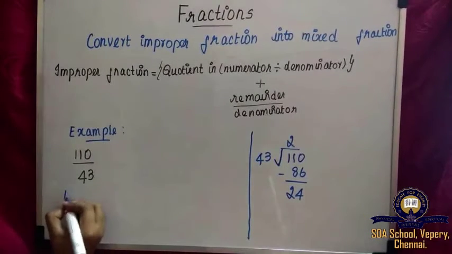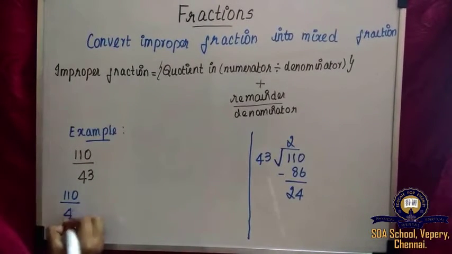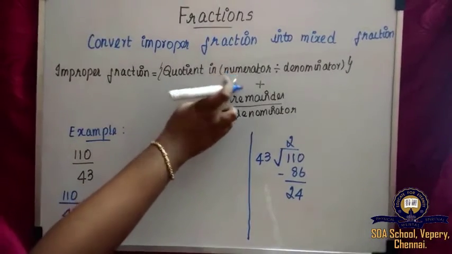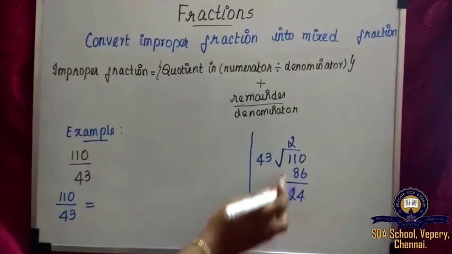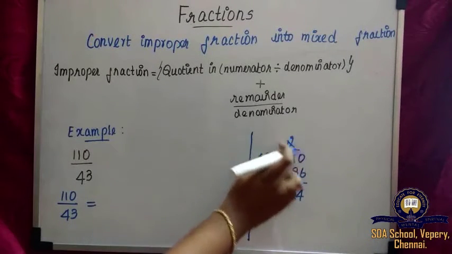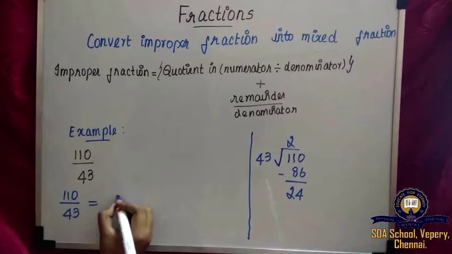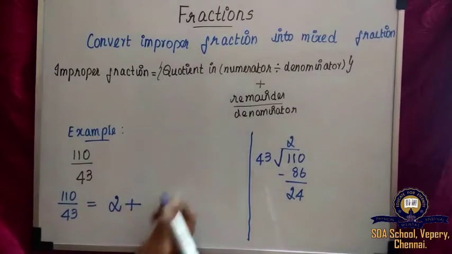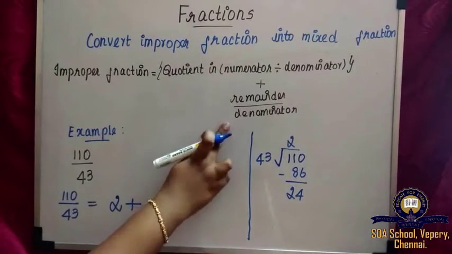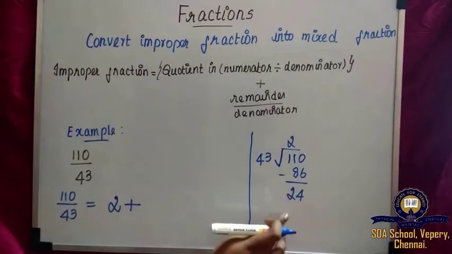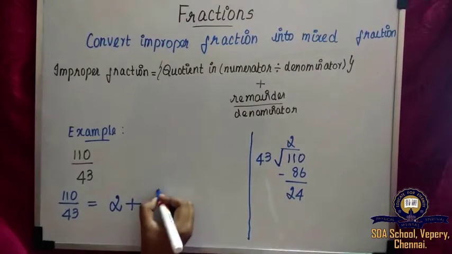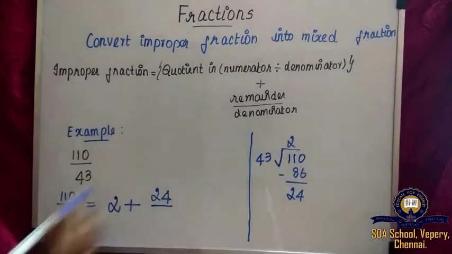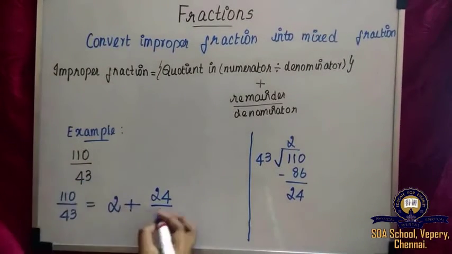So now 110 by 43 is equal to quotient in numerator divided by denominator. So here the quotient is 2. Then plus remainder by denominator. So the remainder here is 24 by the denominator 43.